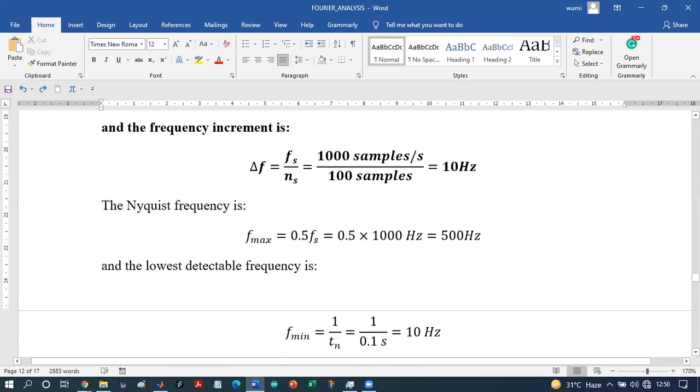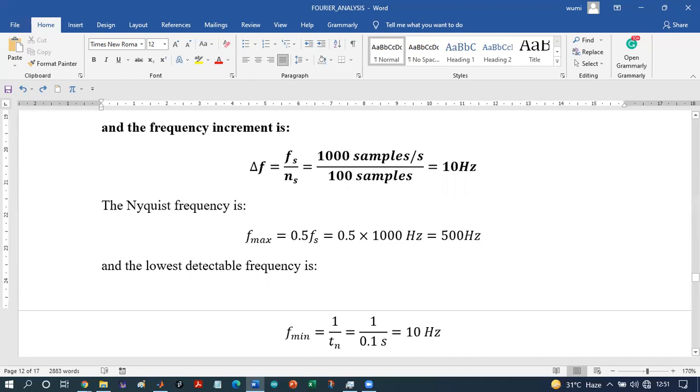Then the Nyquist frequency. We already talked about the Nyquist frequency. It's the maximum frequency that can be detected in the signal. The Nyquist frequency is half of the sample frequency, fs divided by 2.